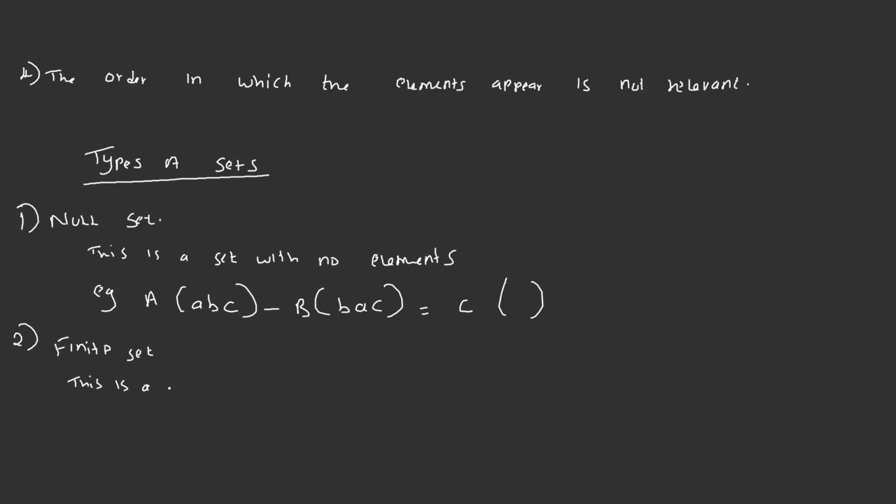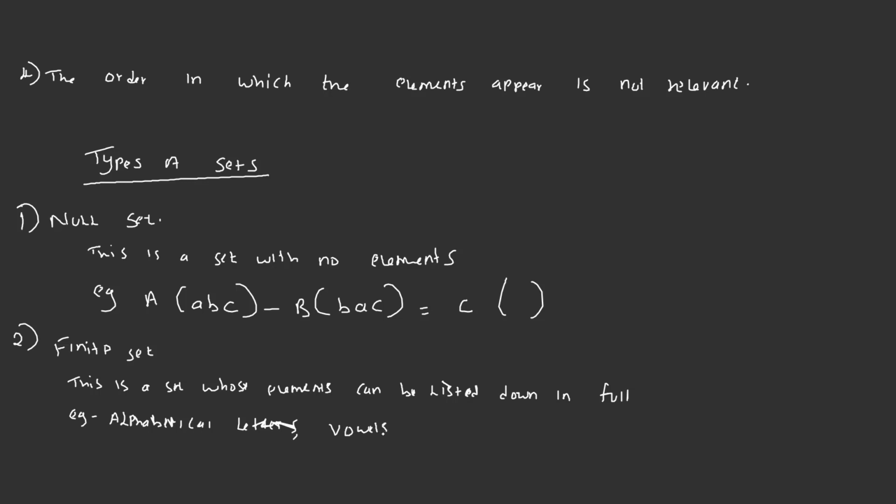For example, we have alphabetical letters, we can have vowels, we can have prime numbers, just to mention a few. Those are just a few.